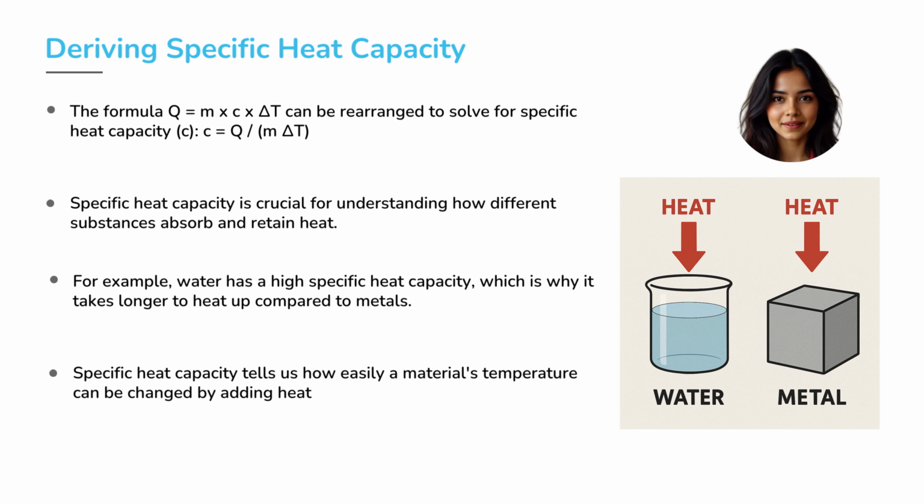From the equation Q equals m into C into delta T, we can isolate C equals Q by m times delta T. This equation tells us how much heat we need to change the temperature of a substance, and by measuring how much heat is added and how much the temperature increases, we can calculate the specific heat capacity of any material. So, if we have a material with a known mass and we heat it by a certain amount, we can figure out its specific heat capacity by tracking the temperature change.